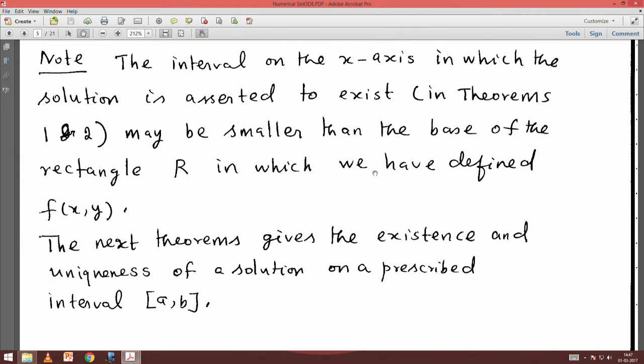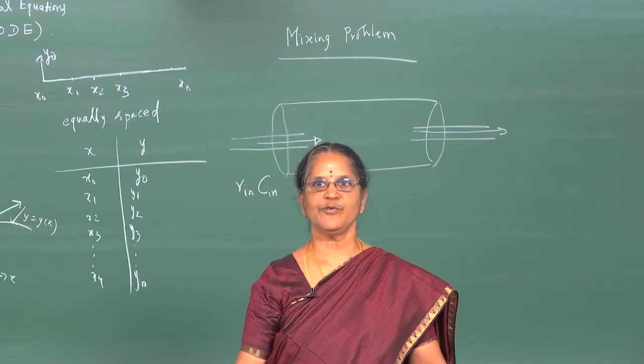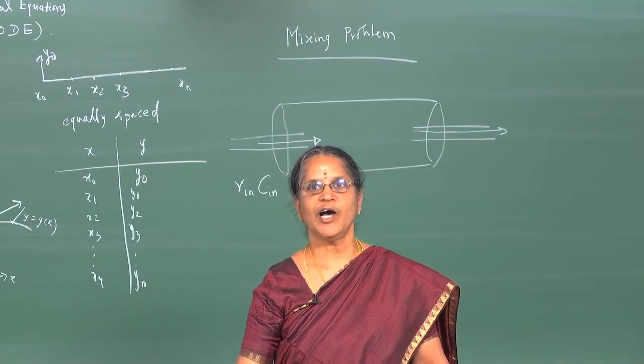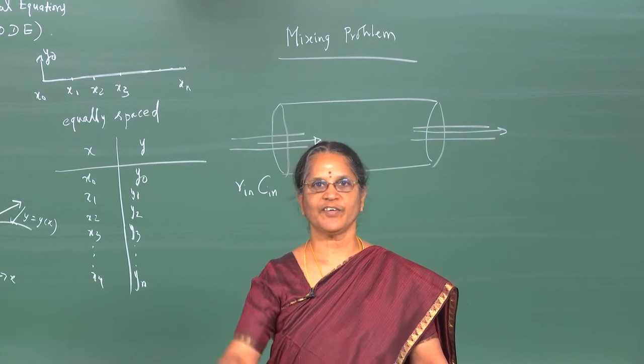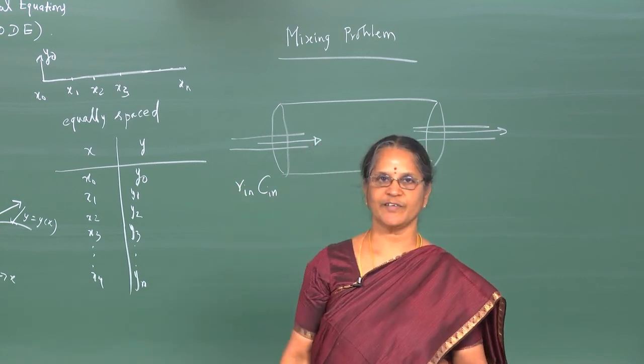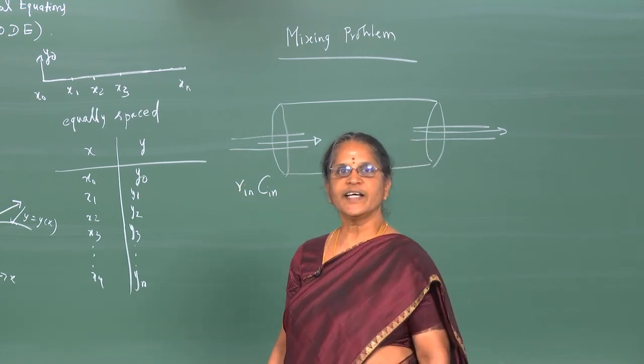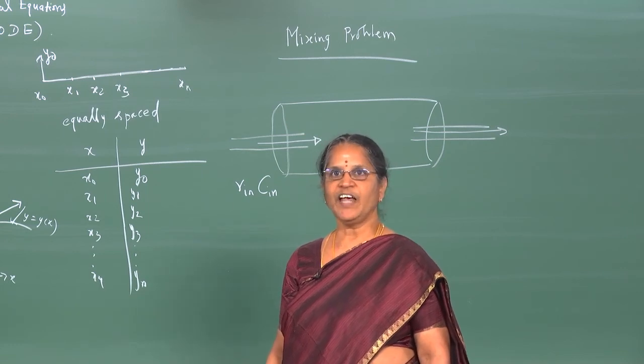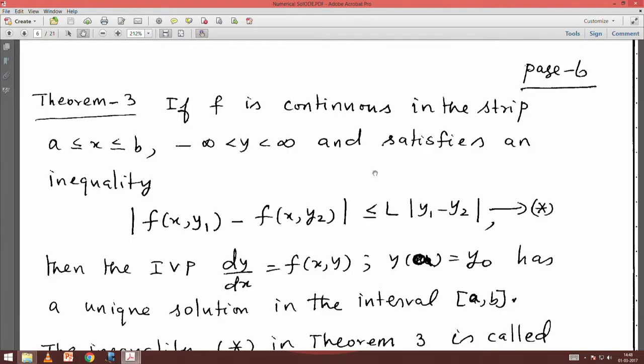So, we have a next theorem which gives the existence and uniqueness of solution of an initial value problem on an interval, say of the form [a, b], which is a closed interval. The result says if f is continuous in the strip a ≤ x ≤ b and -infinity < y < infinity.